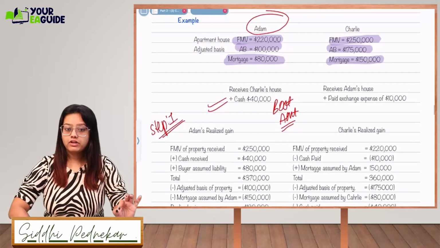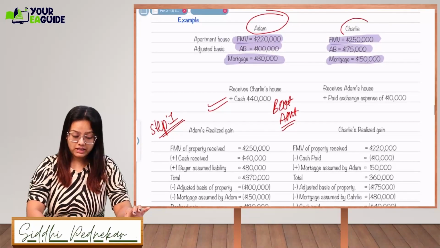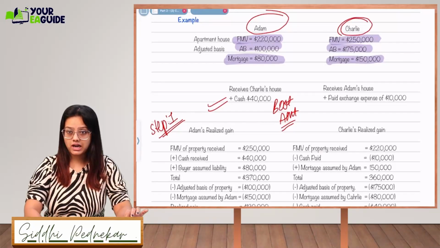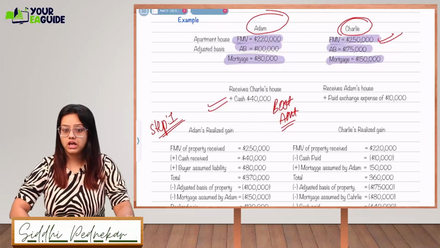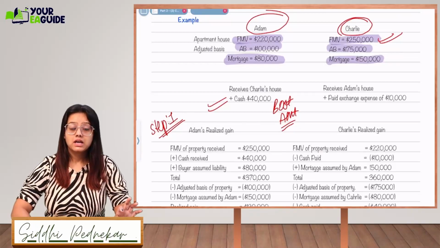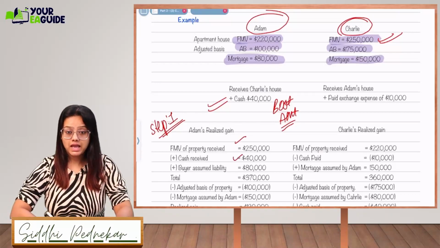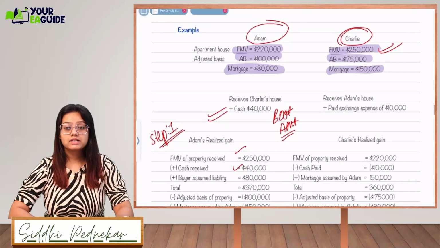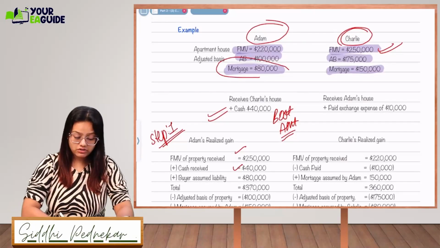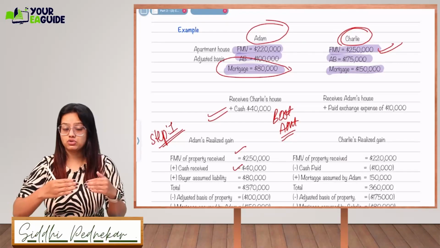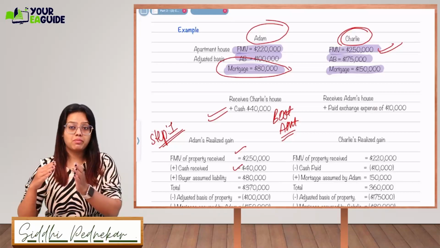FMV of the property received, whatever property Adam is going to receive from Charlie, you add this 2,50,000 as FMV. Plus, what other thing he is receiving is cash. So 2,50,000 plus cash 40,000, plus the buyer assumes his mortgage. The mortgage which is attached to Adam's property will now be assumed by Charlie.